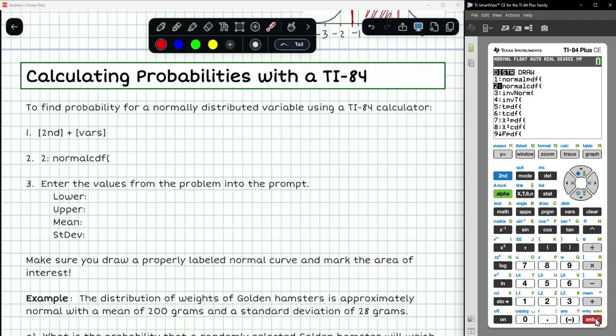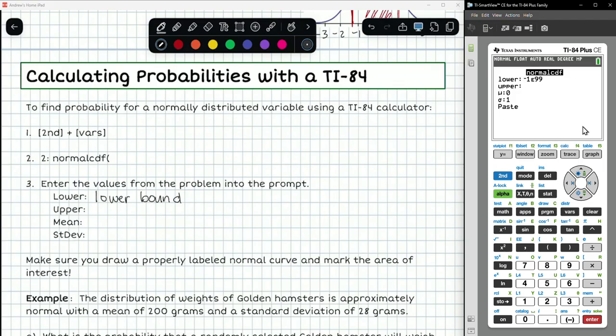When I go to normal CDF, it asks me for 4 values. It asks me for the lower bound of the shaded area, and then it asks me for the upper bound of the shaded area.